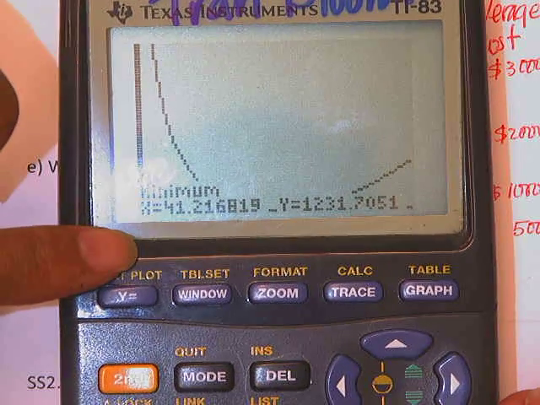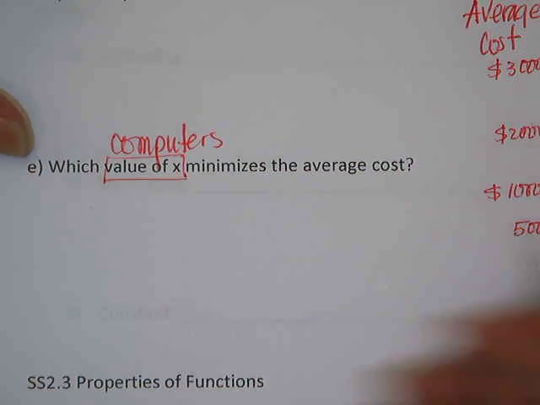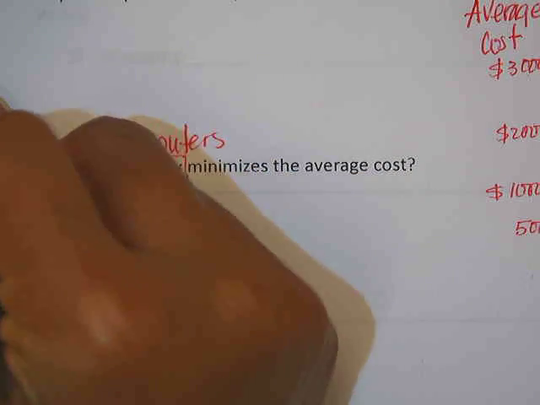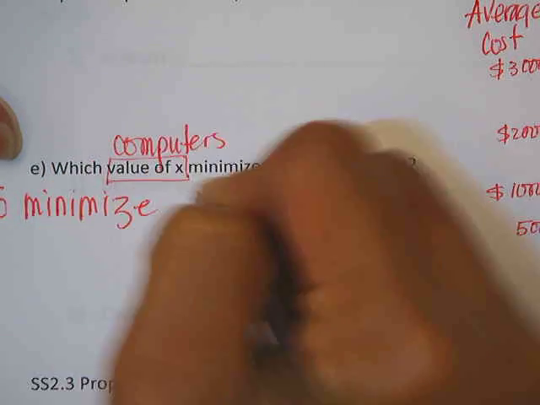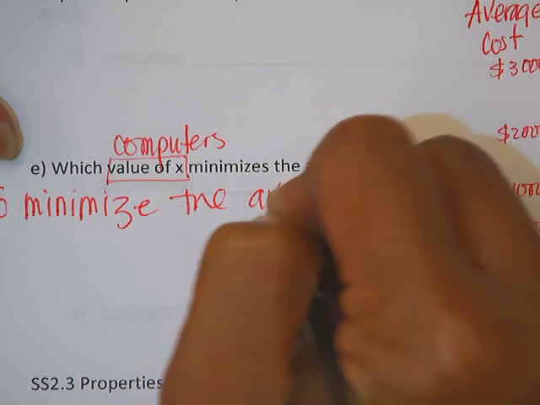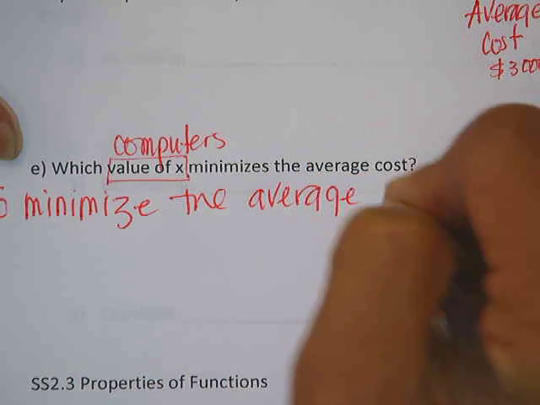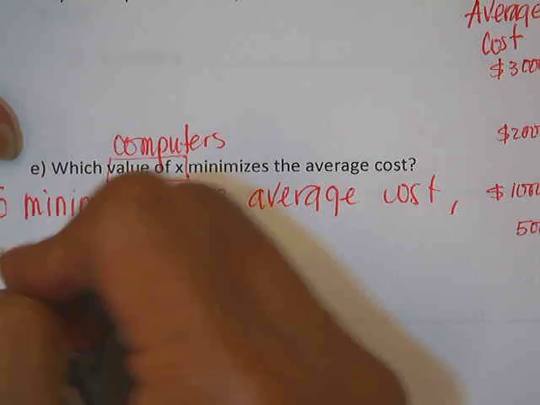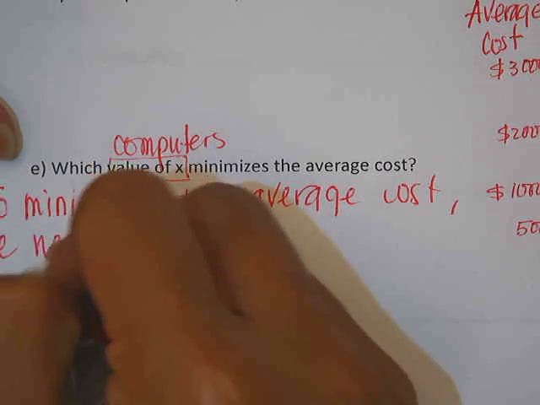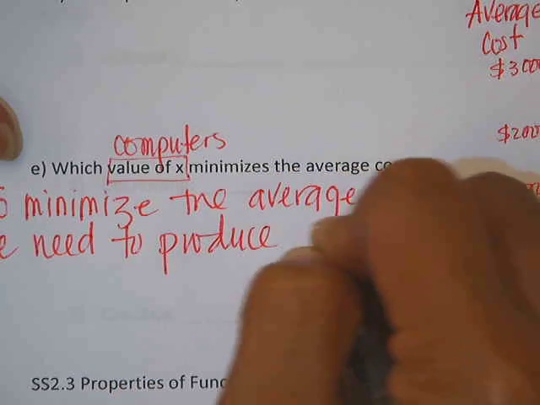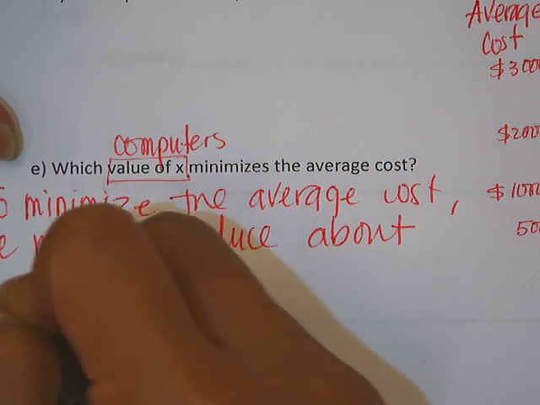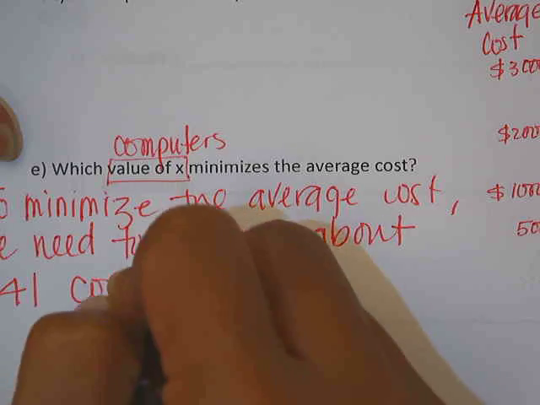So this is really 41 computers total. So to minimize the average cost, we need to produce about 41 computers.